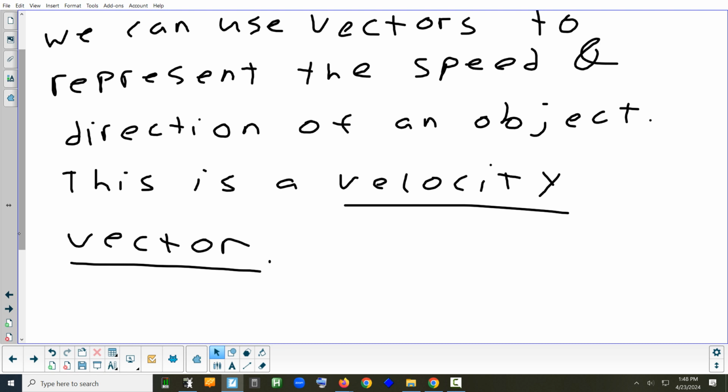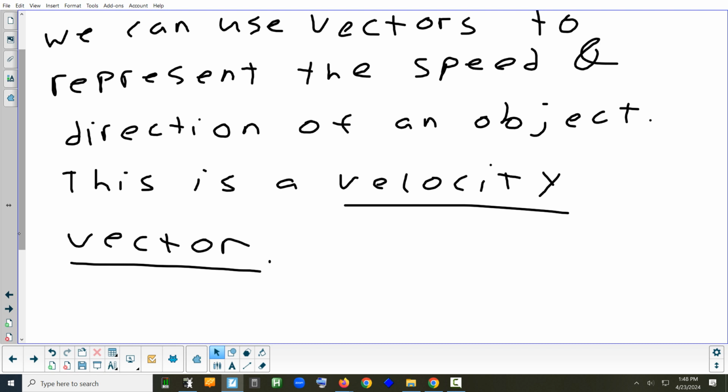When you write a vector in 2D, how many parts does it have? How many components? There's 2. What do we call the first component? The horizontal, and then the second component is the vertical.